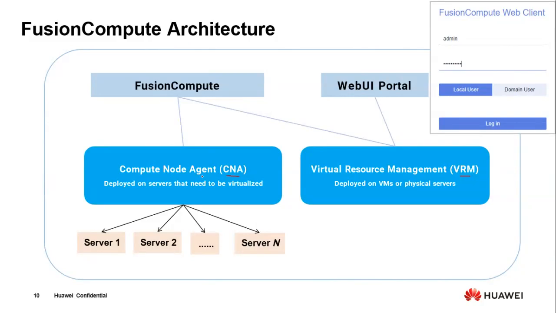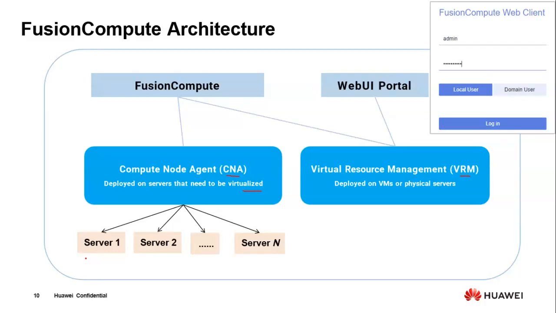CNA simply means compute node agent. This is similar to what you have as a VM, virtual machine. So basically you deploy on servers that need to be virtualized. If you have hardware, you can deploy a virtual machine on it, right? So also you can deploy a CNA on it in this case. So CNA are deployed on what? On servers, because we are dealing with cloud, so we are not dealing with PCs.